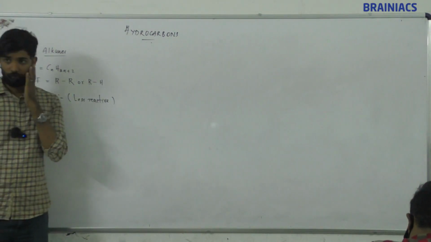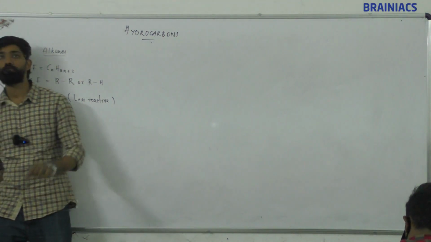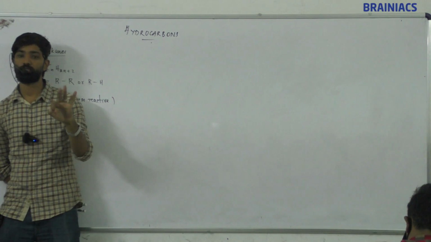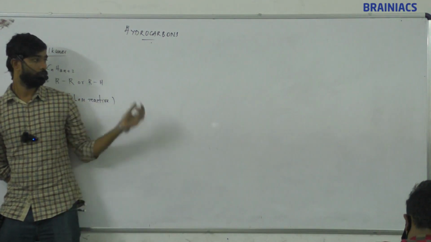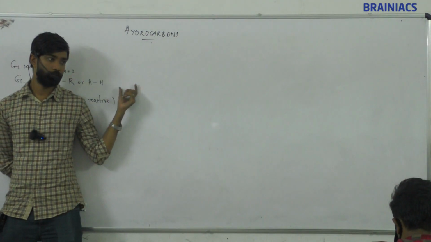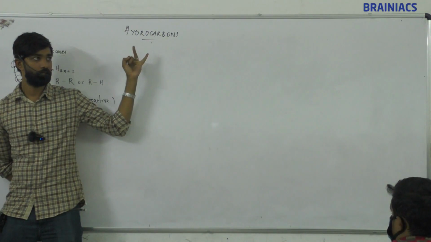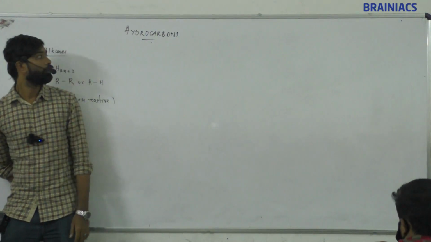Enough about the introduction. There are actually five sections for an organic compound: nomenclature, isomerism, preparation, physical property, and chemical property. In this chapter we have to discuss four hydrocarbons: alkane, alkene, alkyne, and benzene.